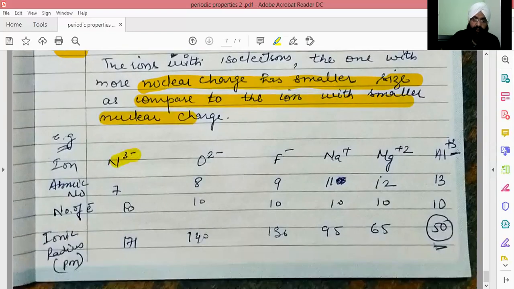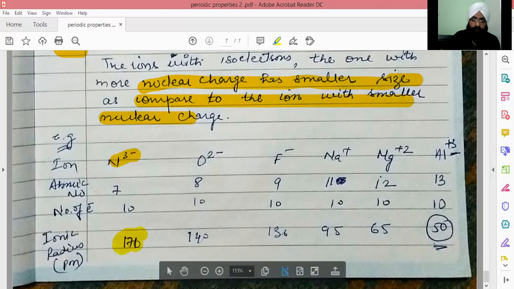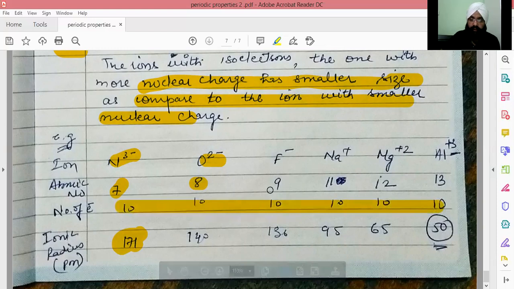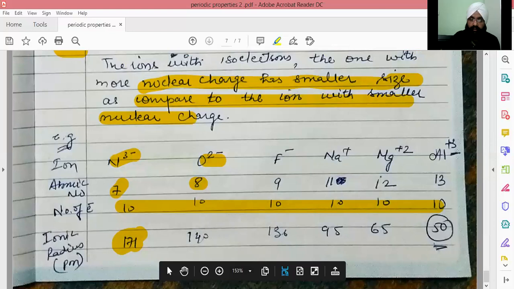So N3 negative is 171, atomic number 7. O2 negative, atomic number 8. The number of electrons is 10 in all the cases. N3 negative size is 171, and Al3 positive is only 50 picometer. So the more the nuclear charge, the smaller is the size of the atom.